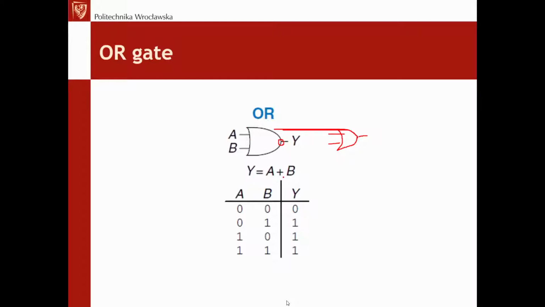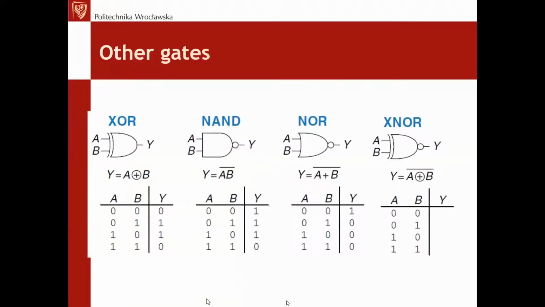The output is A plus B, so we have a plus symbol this time, but the plus is different than in standard arithmetic, because 1 plus 1 is not 10, but 1 plus 1 is 1. This is the OR gate with the symbol.